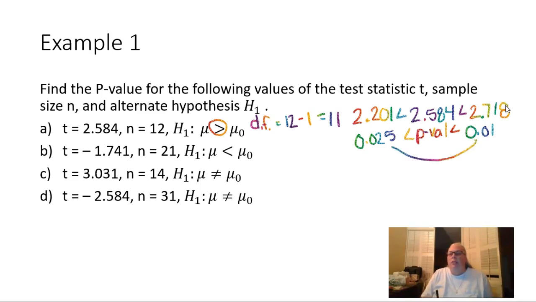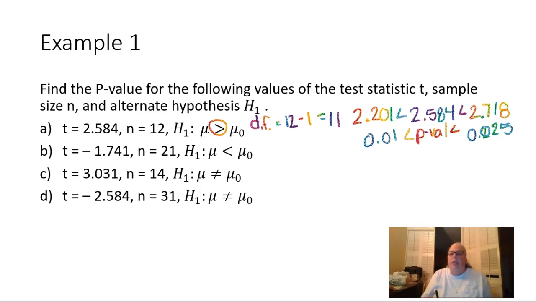So I'm actually going to switch these two around to make my inequality be a true statement, and then I'll have my interval for the p-value. So let's take those away. And we'll put our 0.01 on this side and our 0.025 on this side.